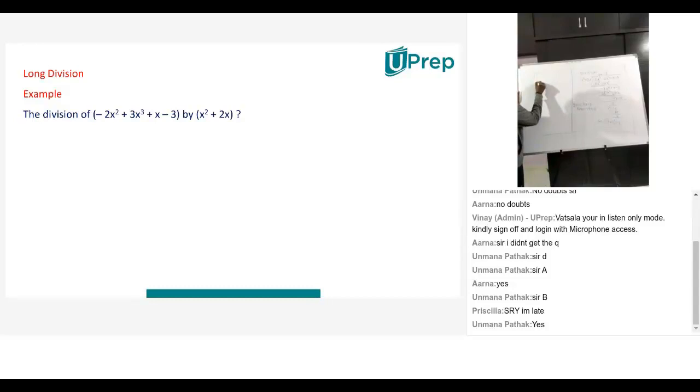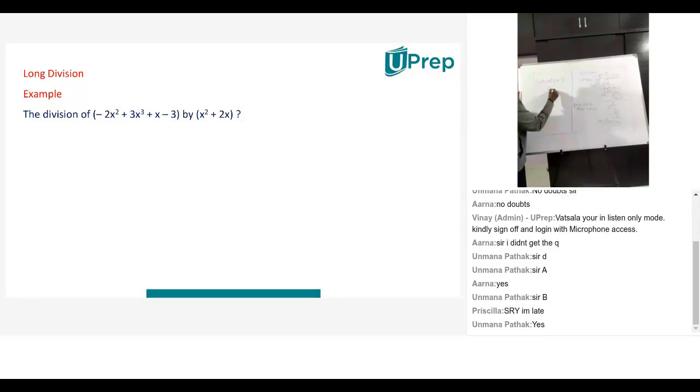I have 3x cube minus 2x square plus x minus 3. Children, what is this in this case? Dividend. Very good. What is my divisor in this case? X square plus 2x.